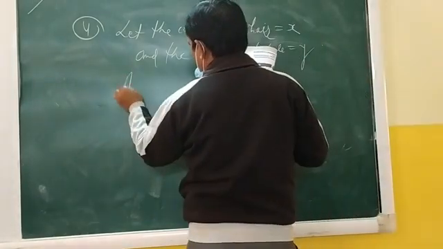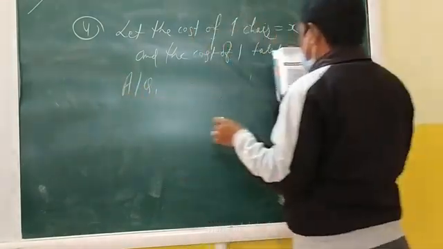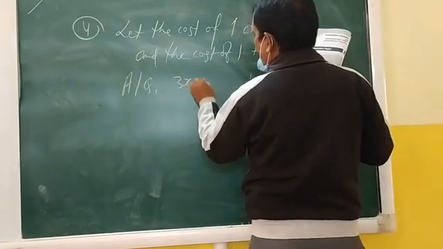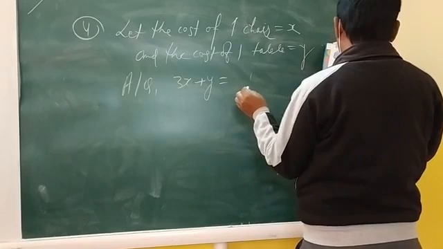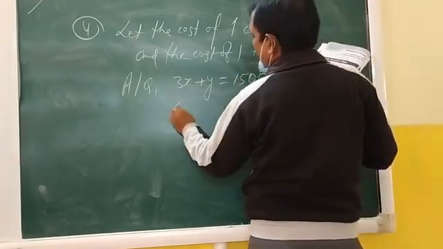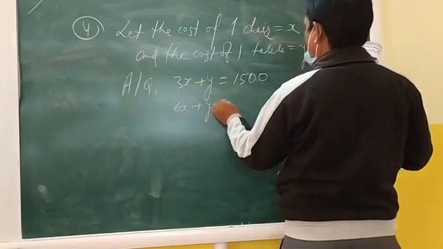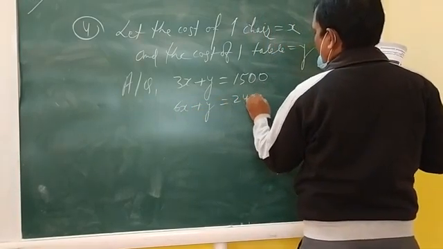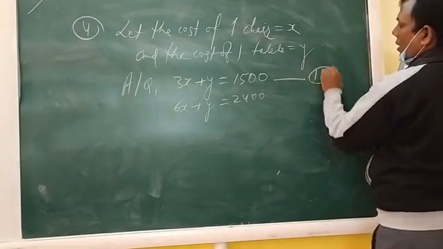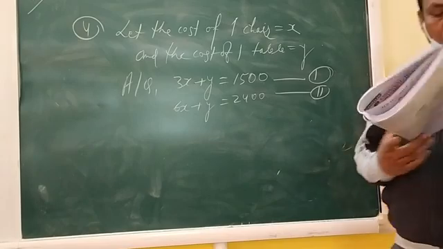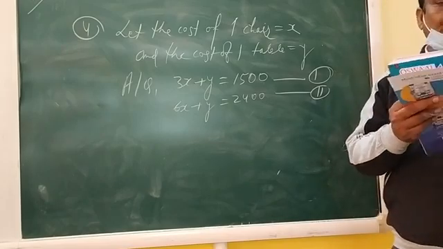According to the question, what do you write? 3x plus y equal to 1500 and 6x plus y equal to 2400. So this is equation 1, this is equation 2. Done. Now you note down the next question.